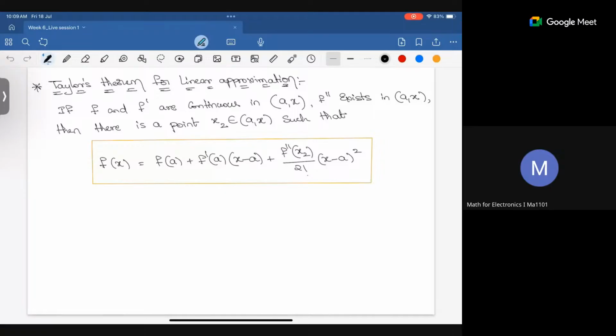So Taylor's theorem or Taylor's series or Taylor's expansion is basically used for approximations, right? Sometimes we know about a function in a particular interval, and after that we may not have the data of the function, or we may not know how exactly the function behaves. Because we don't know how the function behaves, we approximate it based on the data that is available to us.